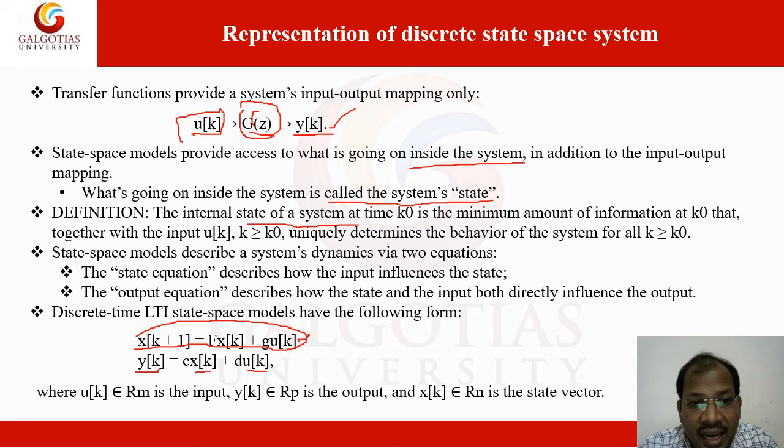So this is the discrete LTI state space model, where k is an integer value. Here x(k+1) is nothing but x dot(t) in the time domain.